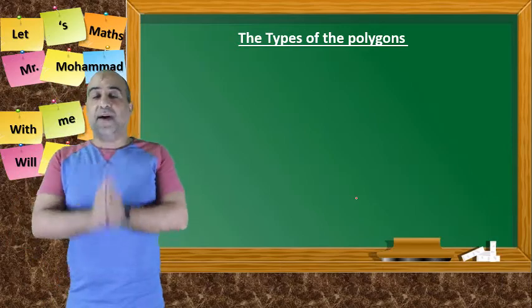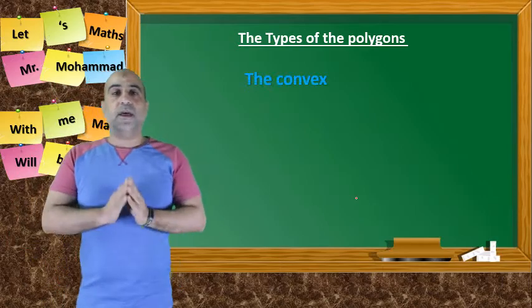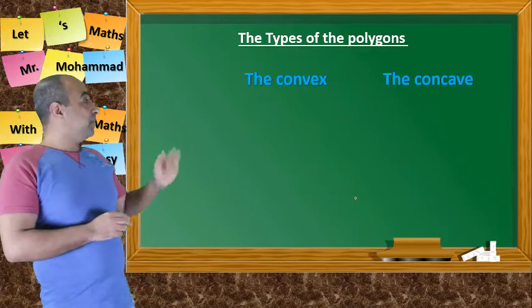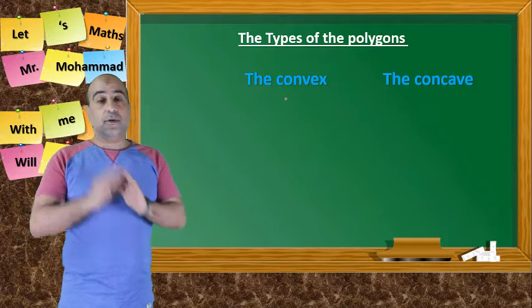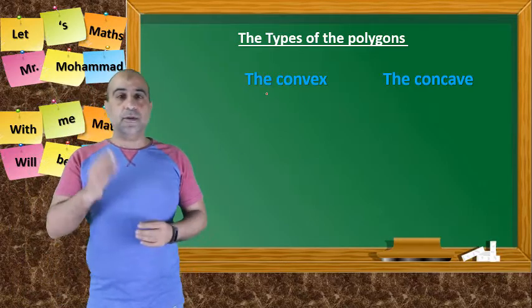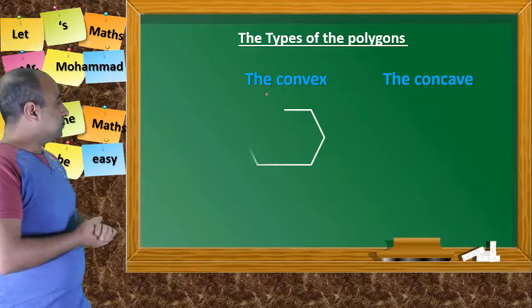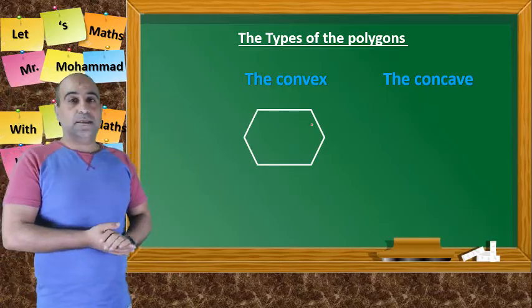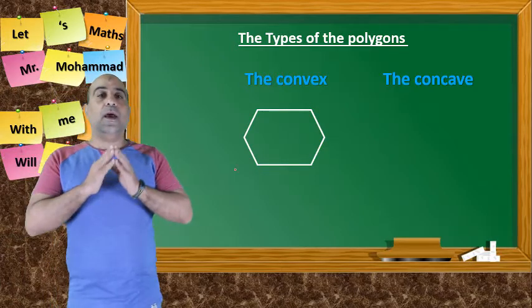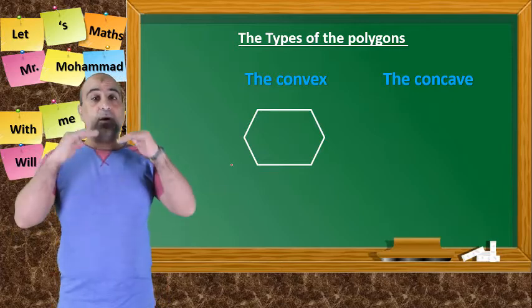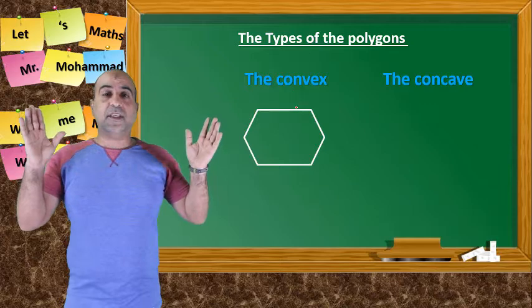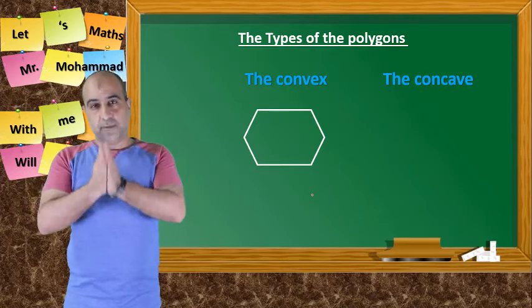We can also classify these polygons into 2 types: the convex polygon and the concave polygon. What is the difference between them? The first polygon is a convex polygon. In a convex polygon, if we extend any side, all the other vertices will be on the same side of the line.